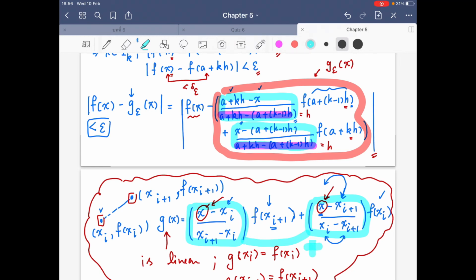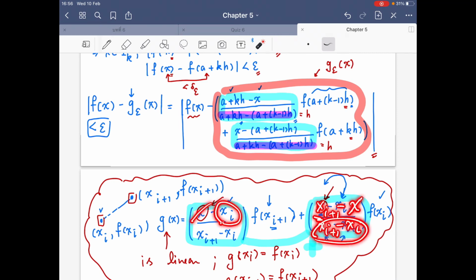As you add them up, because this one your bottoms are not the same, right? If you change your bottom to be the same, then it will be x_{i+1} minus x_i, and then this one will be x_{i+1} also minus x. So as you add them up, your x and your x will cancel, right? And then you got your x_{i+1} minus x_i, which is the same as your bottom.